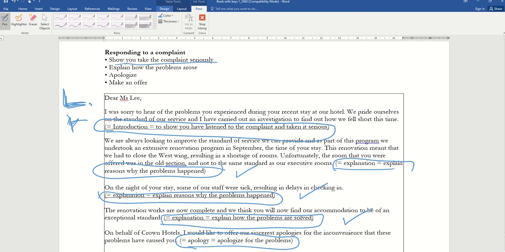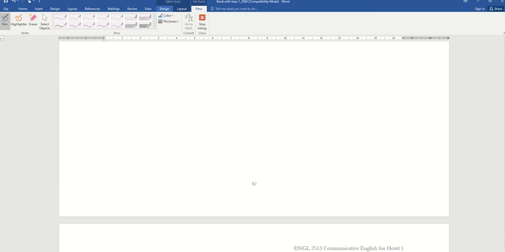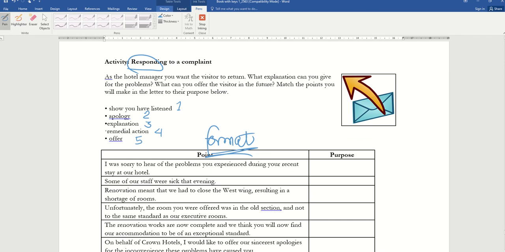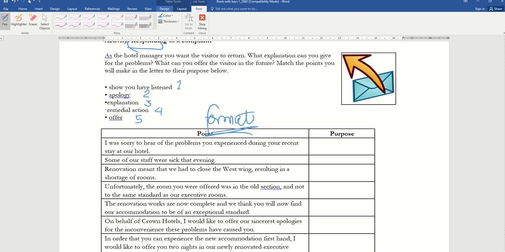Introduction shows that you take the complaint seriously. Then explain the problem, apologize, make an offer. 1, 2, 3, 4, 5. 4 and 5 in this part can be combined in one. How you do, how you take the action.